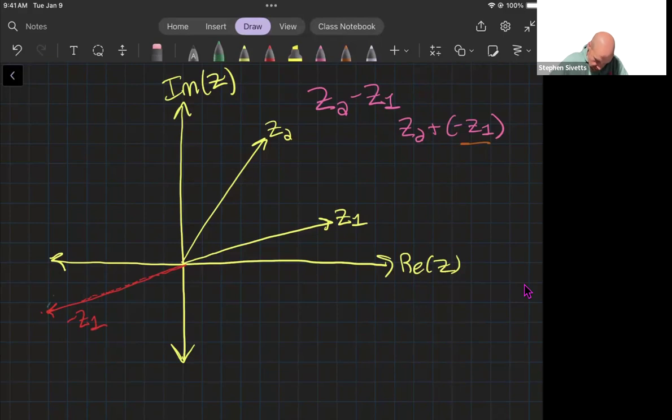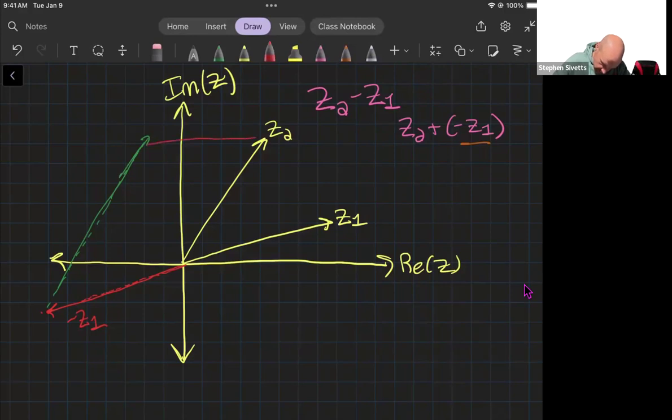So we just draw in a vector that's parallel to z2, right? And we'll draw another vector that's parallel to minus z1.